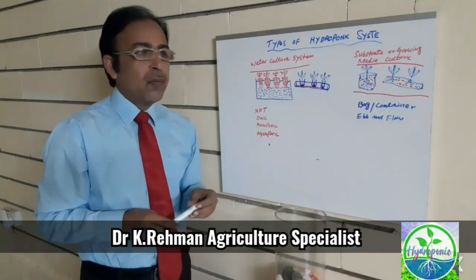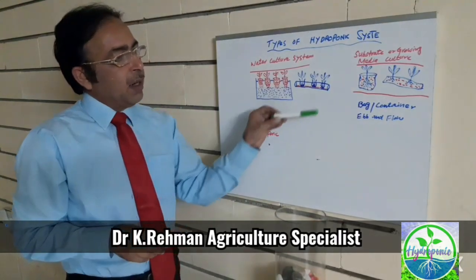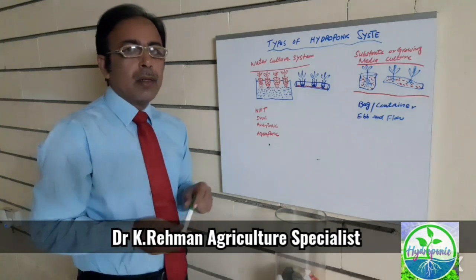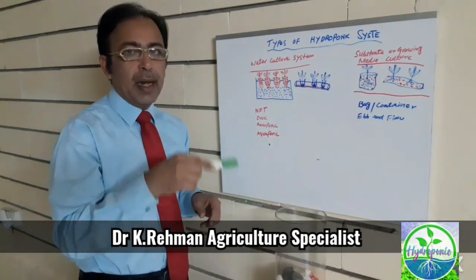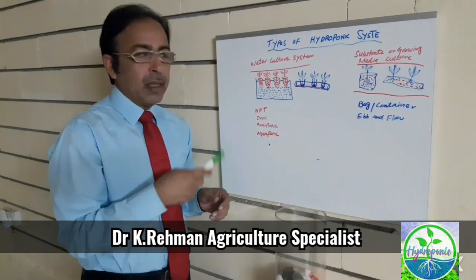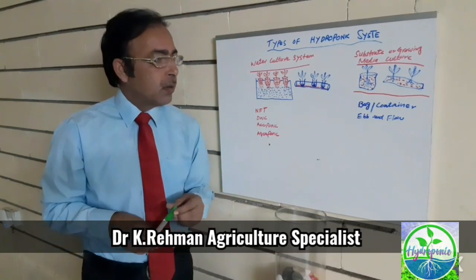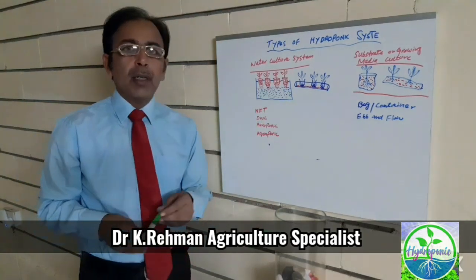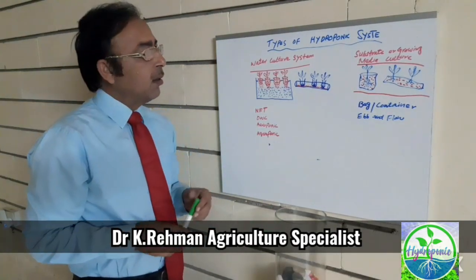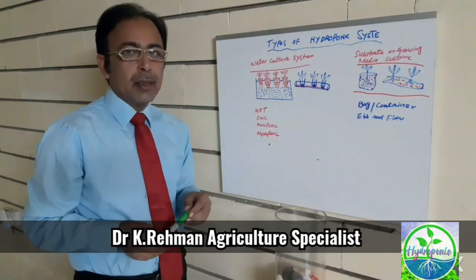Nutrient solution is flooded and then drained out slowly, collected and again circulated in the system. That is all about hydroponic system design and how it works.